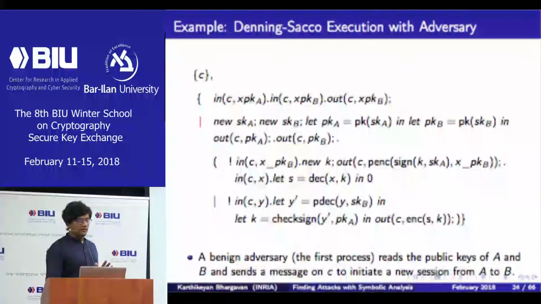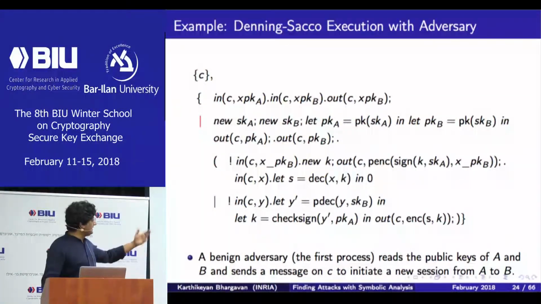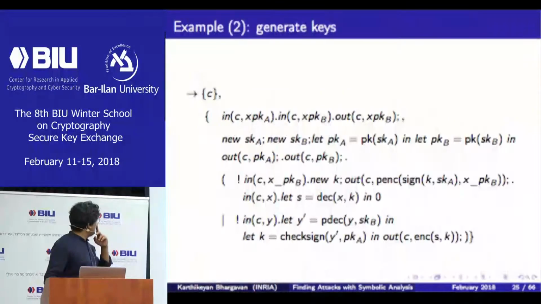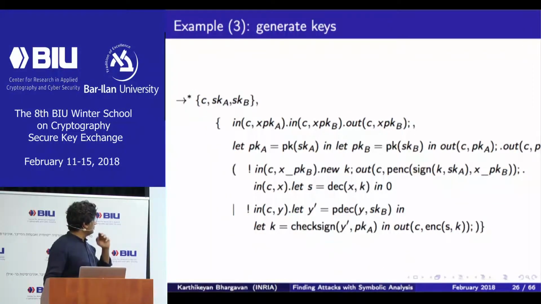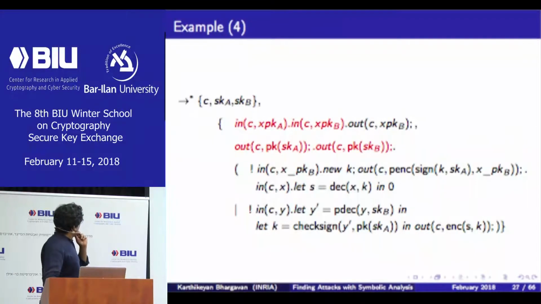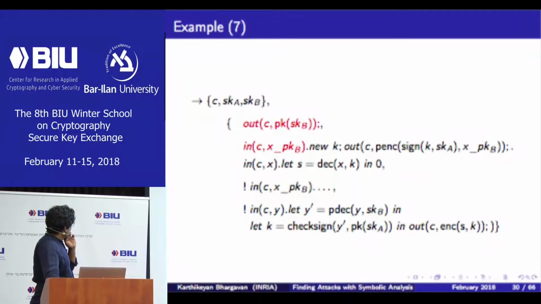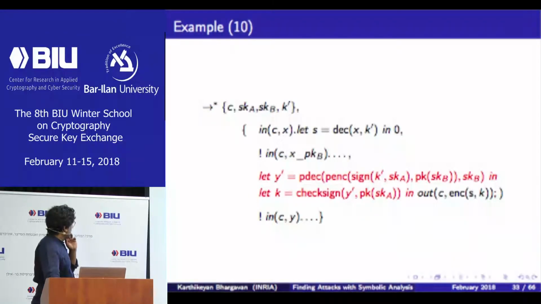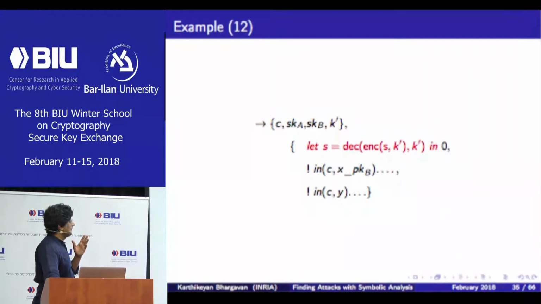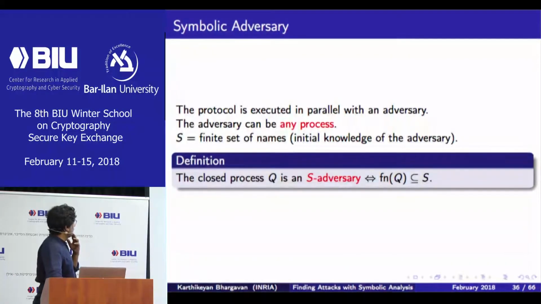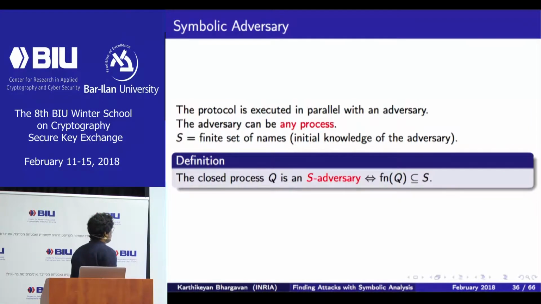Okay, and we can find that just by applying the symbolic analysis. I'll show you in a second how the tool figures it out. Okay. So when we are trying to analyze this protocol, we want to analyze it for all possible adversaries. So what is the adversary? The protocol is always executed in parallel with an adversary.